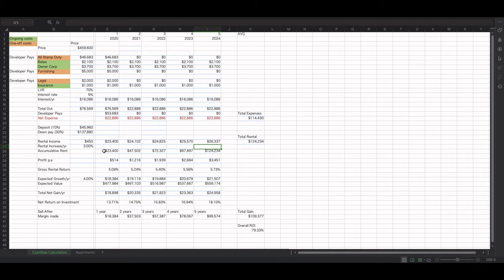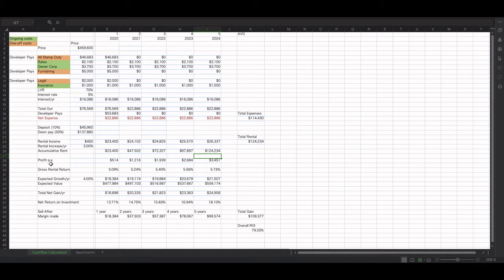Your first year you've received 23,400. Second year you've received 23,400 plus 24,000, which is your rental income for the second year, and so on. By the fifth year, you would have collected close to 124,000 in cumulative rental income.